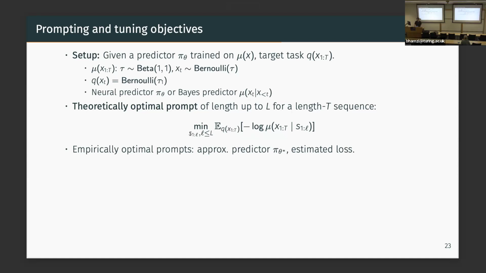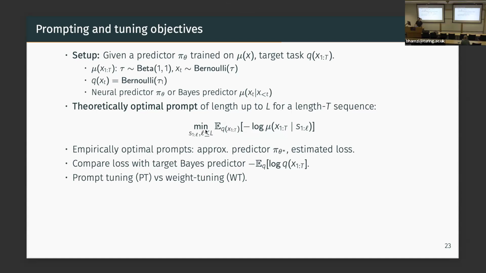We can also replace the mu with a neural predictor or approximate predictor, which are transformers these days, and see how much we can achieve the best prompting under the ideal predictor, compared to the task itself. There's a typo. We're going to compare the loss with the best possible Bayes predictor. We mentioned a log loss under Q under itself, so this is like the entropy of that task distribution.